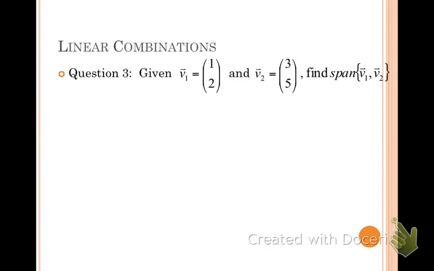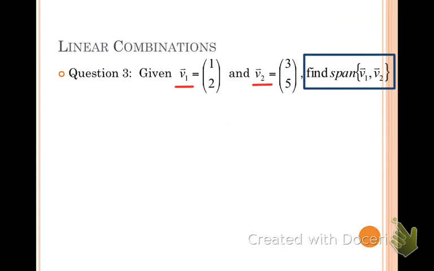In this example, the question is phrased slightly differently from the previous example. It says that we have two vectors, v1 and v2, and it says find the span of v1 and v2. So let's talk about what it means when it says find the span of two vectors.